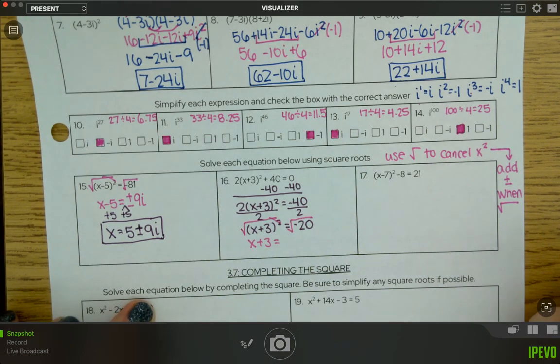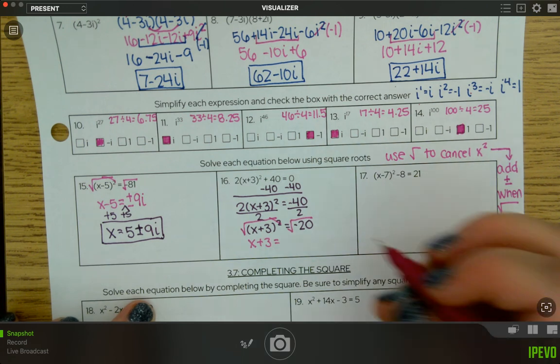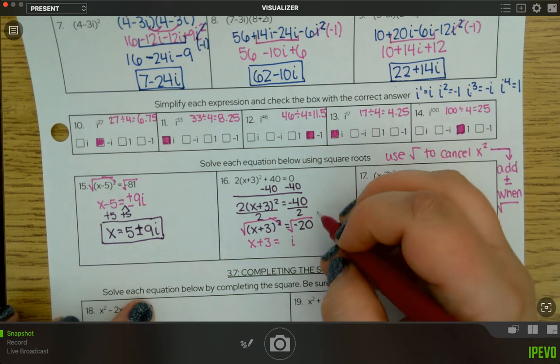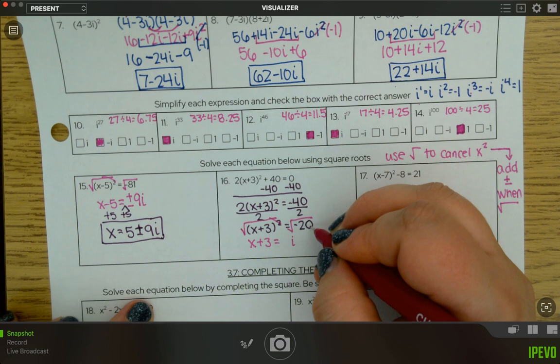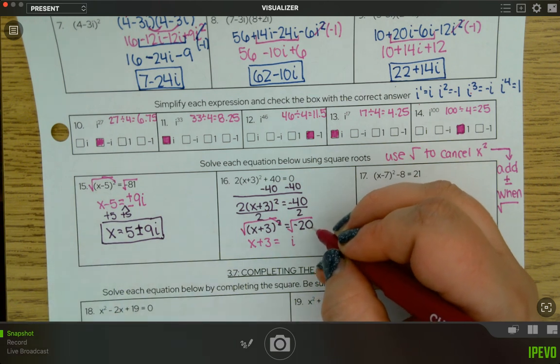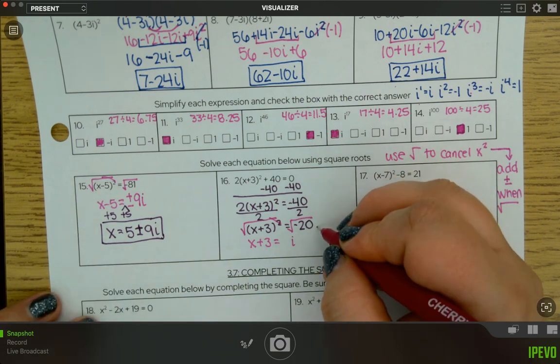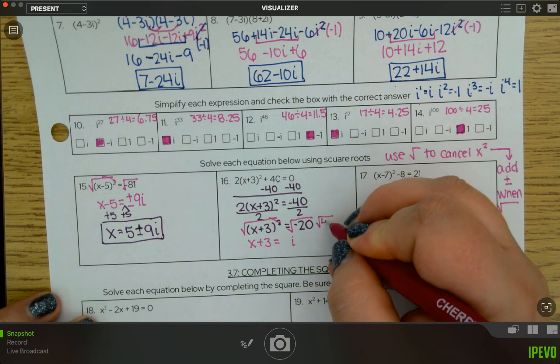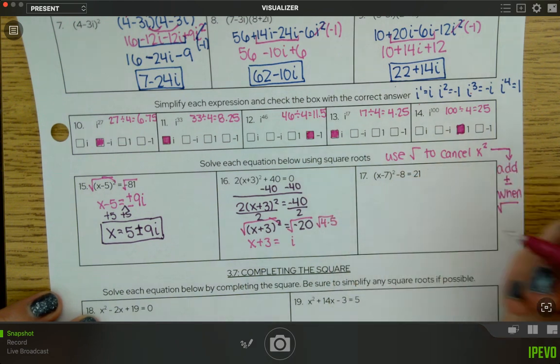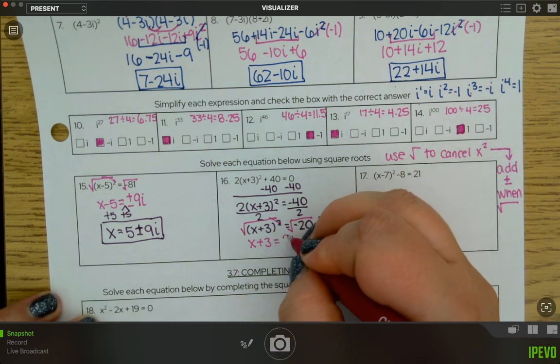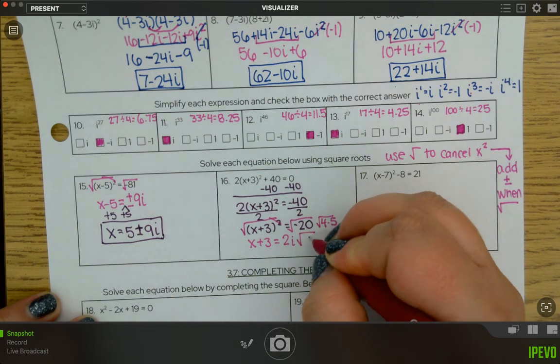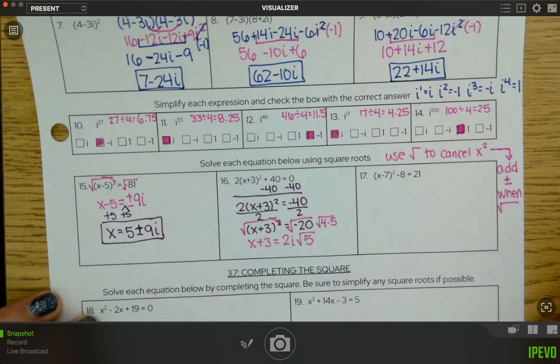I need to simplify this square root. Not only do I need there to be an i, but I need to change 20 into two things that multiply to 20, one of which is something that you can take the square root of. I am picking 4 times 5 because the square root of 4 is 2, which means the 5 has to stay underneath.